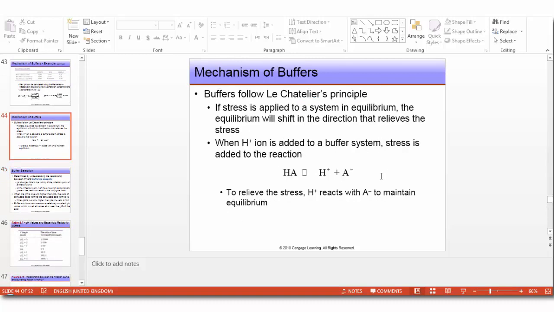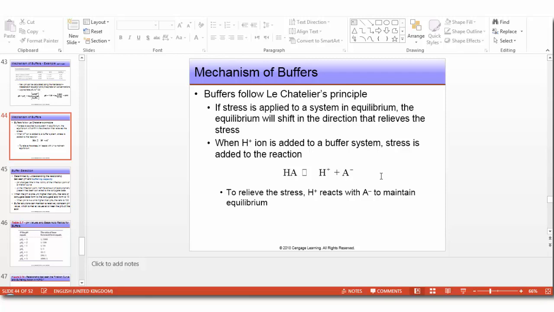Similarly, when you add OH minus, it will react with the acid in the opposite direction to form new acid, and the stress will be relieved in a similar way as we saw for the acid.